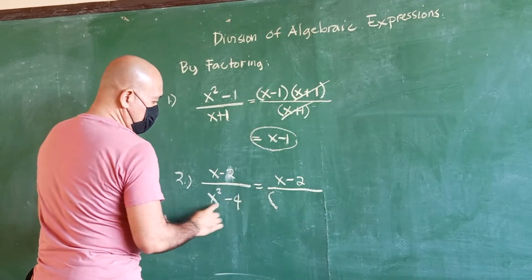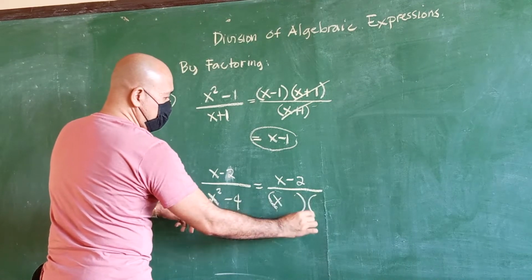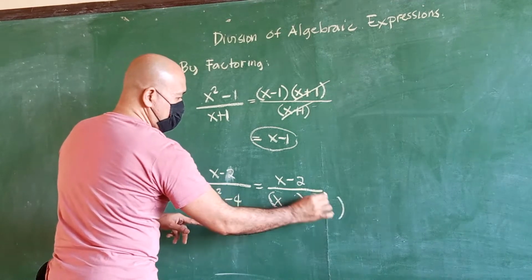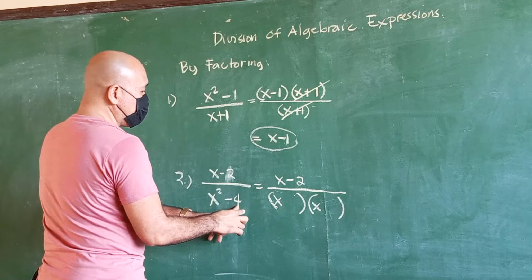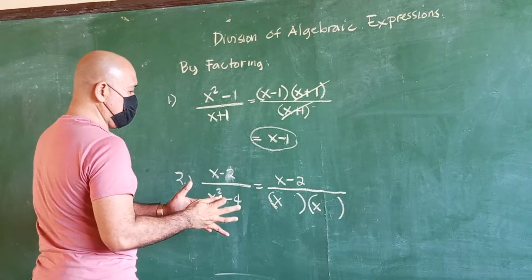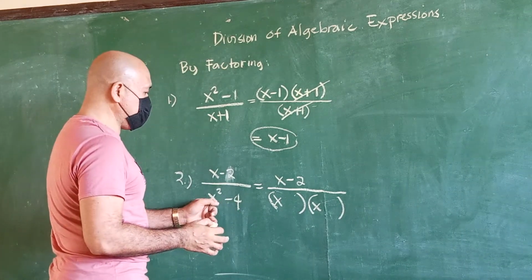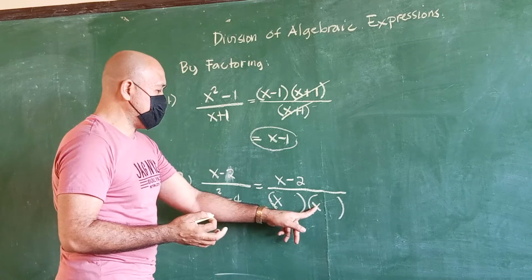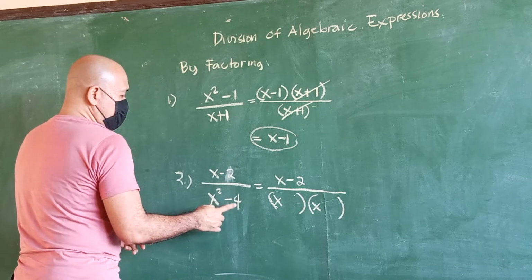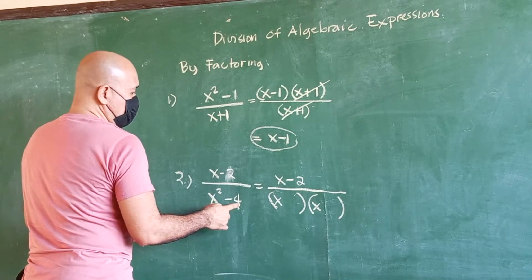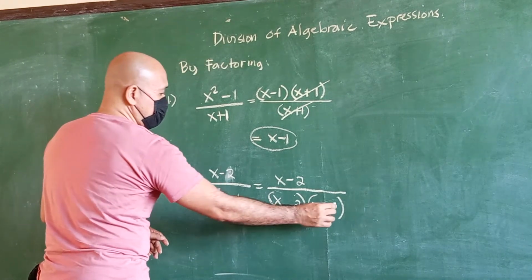Simply copy the variable, or distribute the variable to the two binomials, and then get the factors of 4. In the factoring of a difference of two squares, the factors of the first terms are the same and the factors of the last terms are also the same. So the factors of 4 that give the same number are 2 and 2.